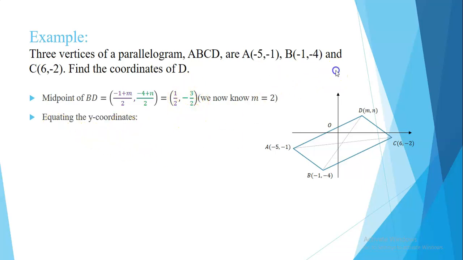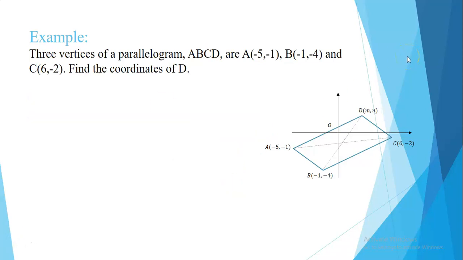Equating the y coordinates, we get (-4 plus n) over 2 is equal to -3/2, and now we solve for n. In the same way, we multiply both sides by 2 to remove the 2's. So we get -4 plus n is equal to -3. Getting n by itself, n is equal to 1.